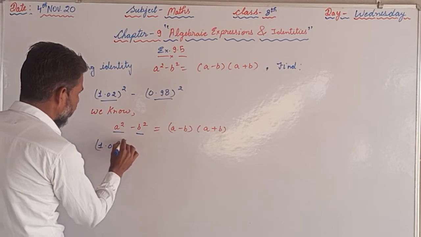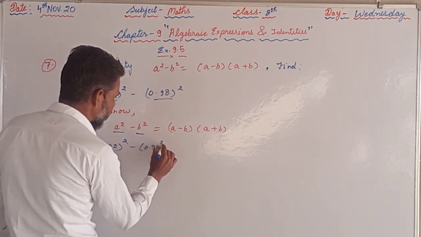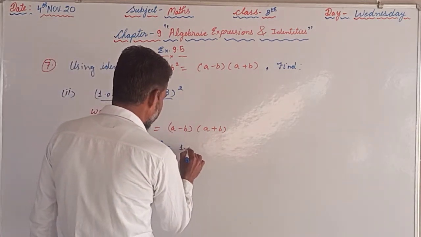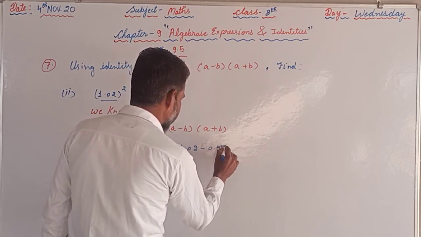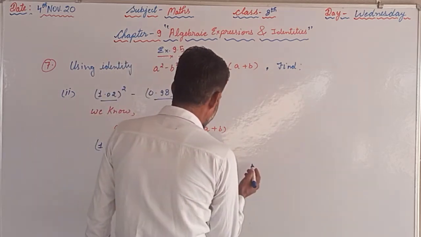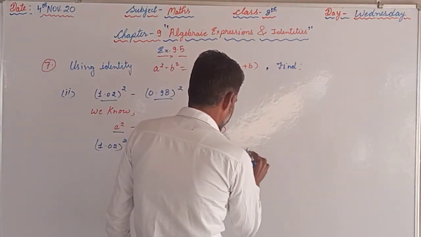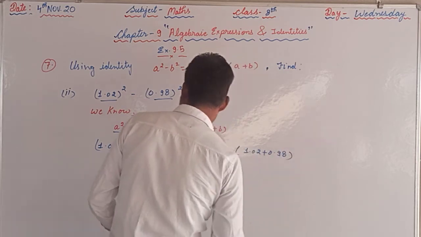1.02 square minus 0.98 square is equals to a minus b, means 1.02 minus 0.98. At the same time, a plus b means 1.02 plus 0.98.